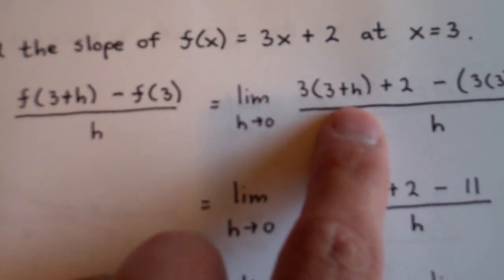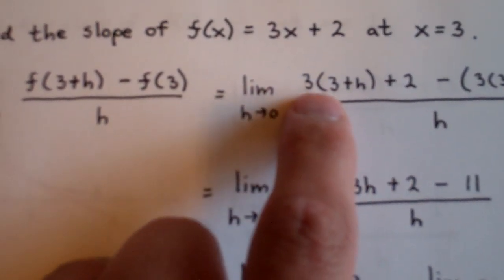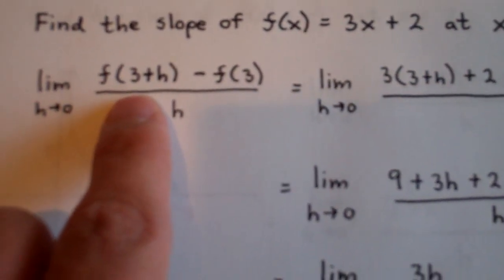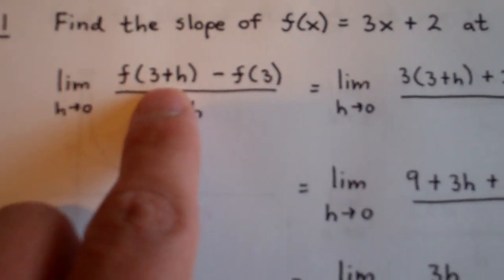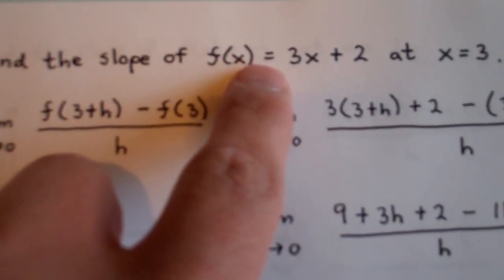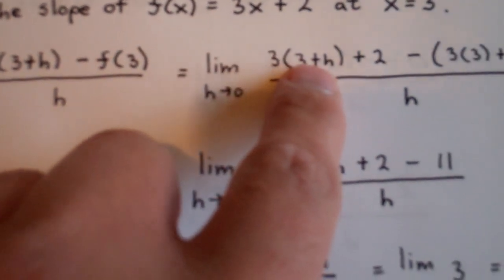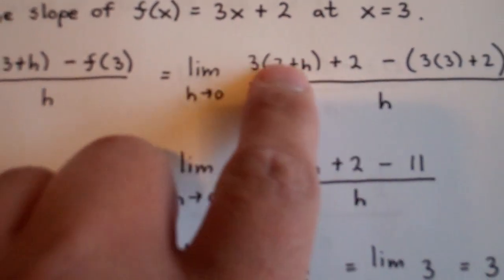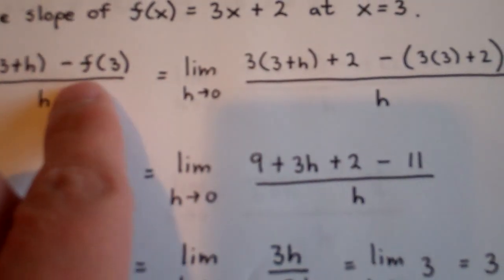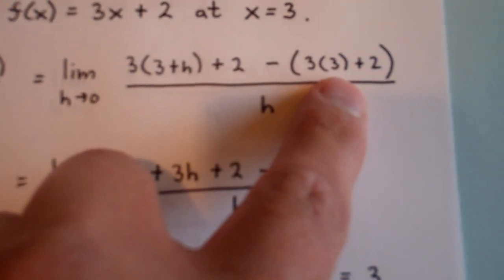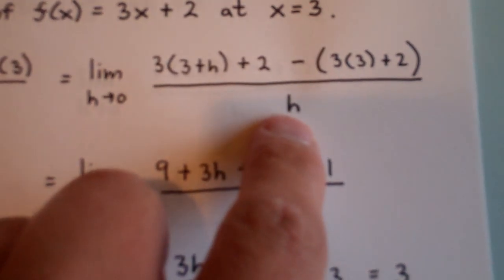So here's my f of 3 plus h, which is 3 times 3 plus h plus 2. Remember from pre-calc, if you want to evaluate f of 3 plus h, you simply take your function up here and replace the x with 3 plus h. So this part right here is f of 3 plus h, and then I subtract from that f of 3. So here I have minus f of 3, all divided by h.